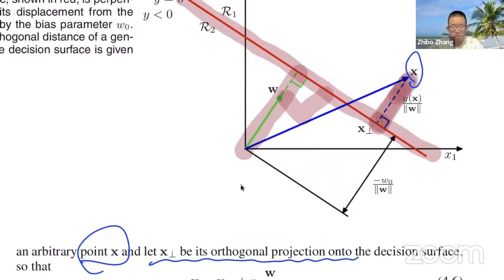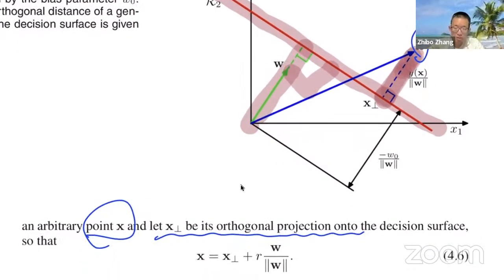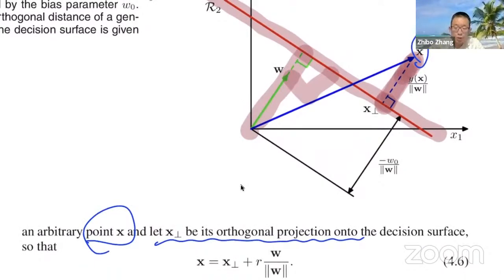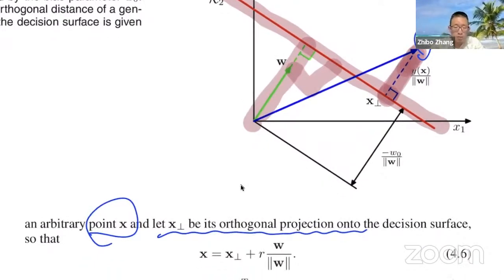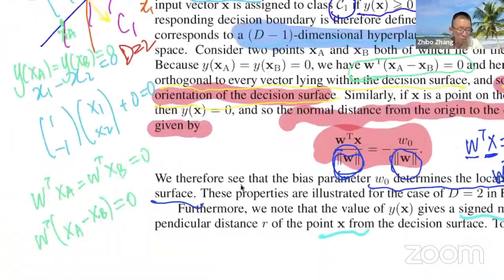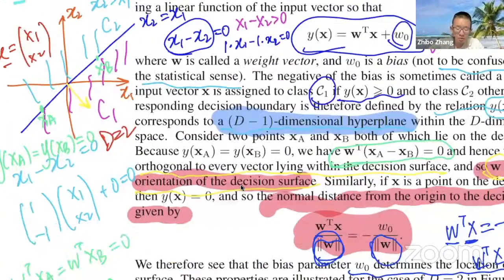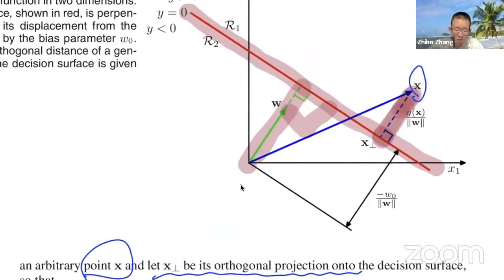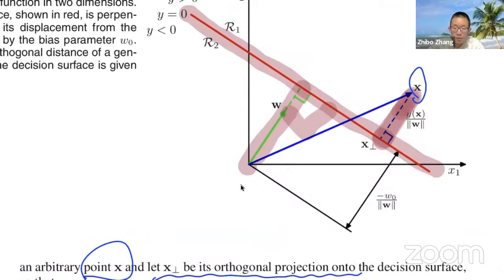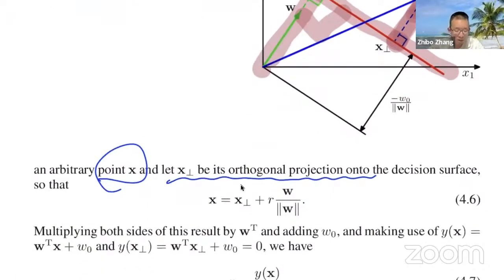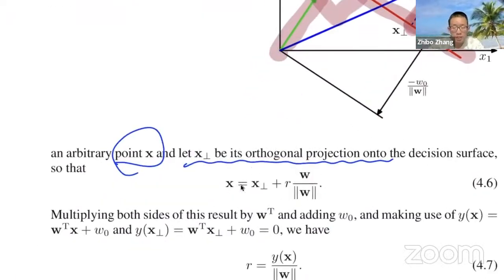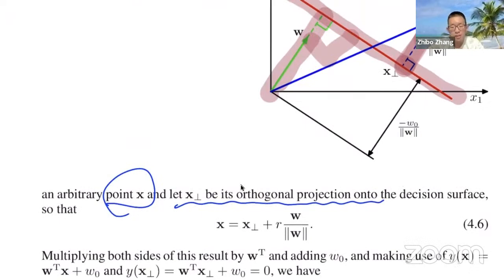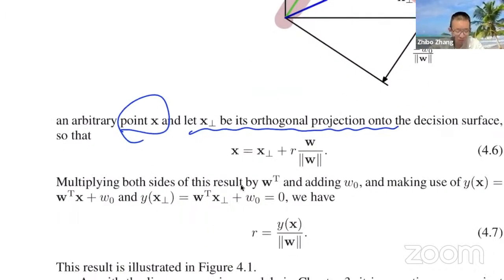The direction of this part is the direction of W, because W, as we discussed in the previous example, is the weight vector and is orthogonal to the decision surface. So that's the direction that connects x orthogonal and x. The rest is some distance or length between the two, and it uses the notation small r.